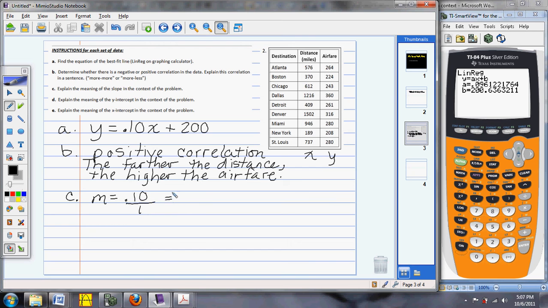Since it's change in y over change in x, what's happening here is that it's the change in airfare price versus the change in miles. So we're talking about the airfare price in dollars versus the distance in miles.